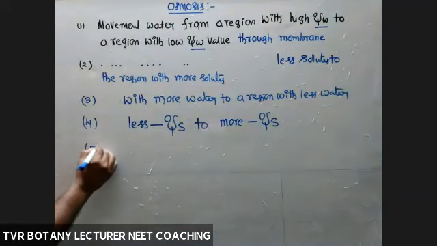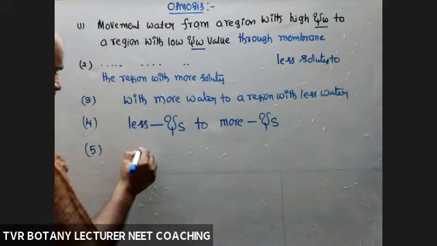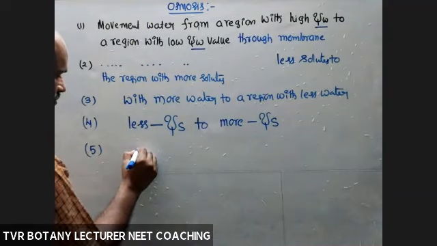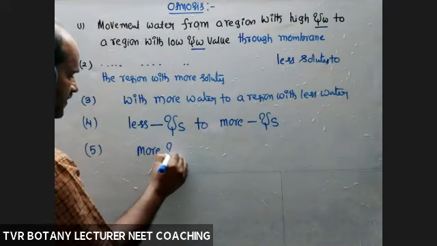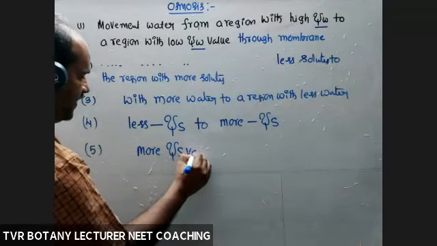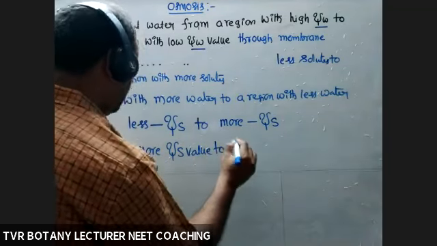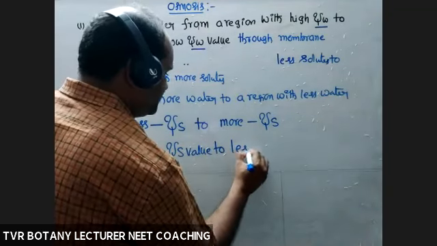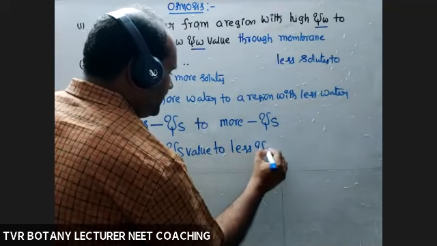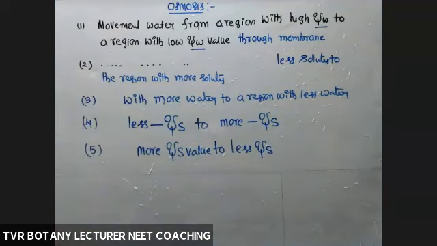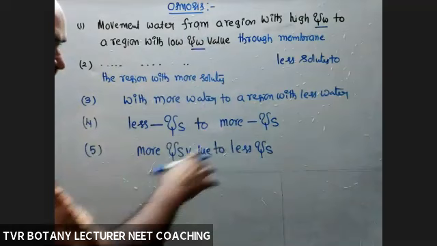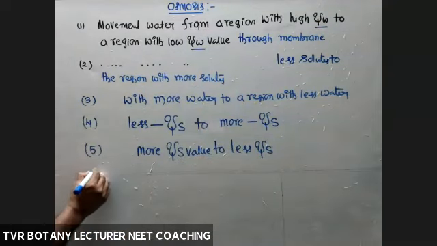And the fifth one we can take from a region with a more psi s value to a region with a less psi s value across the membrane. For all these statements, across the membrane.